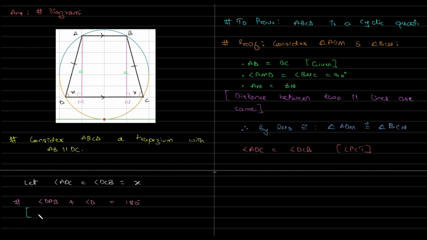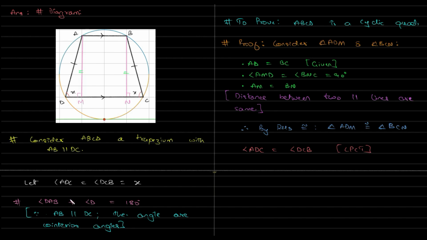They are 180 because AB is parallel to DC and these two angles are co-interior angles.